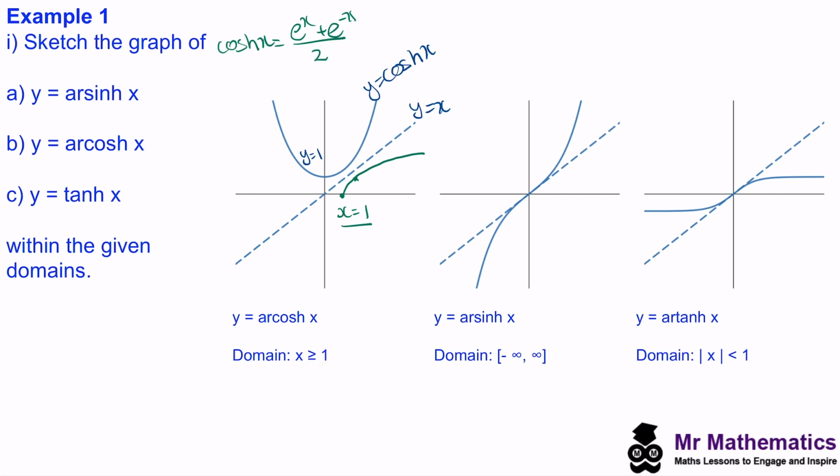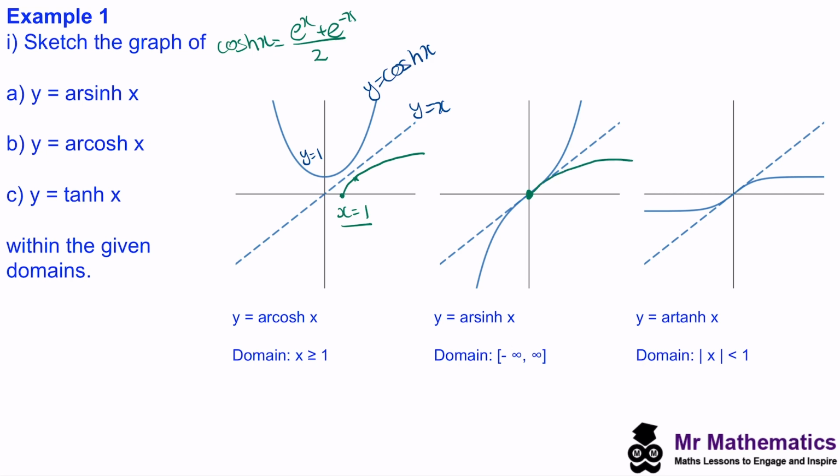As we move on to sinh of x, you can see that this is a one-to-one function throughout. So the domain is true for all values of x from negative infinity to positive infinity. And because sinh of x passes through the origin, this point is invariant. As x increases, we move away from the line.